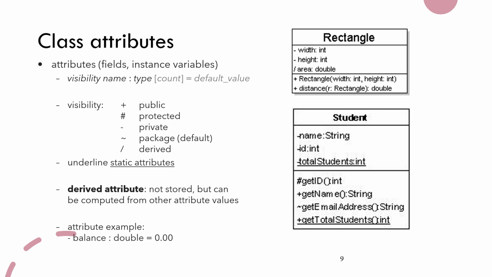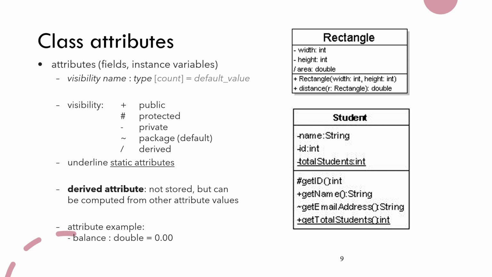Okay, so this part, the attributes, we have visibility, name, and then the visibility of the class itself. This is what ER doesn't have. They have the class object visibility. We have public, protected, private, and also the default package and derived. So we have various kinds of visibility, and it is defined in the class diagram.